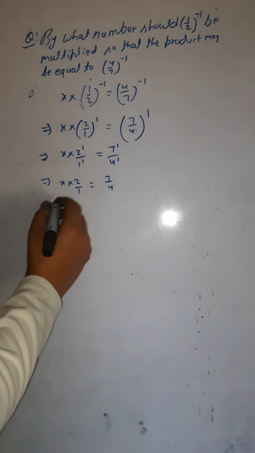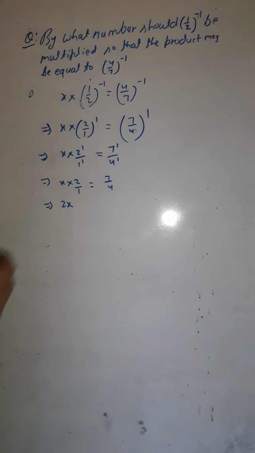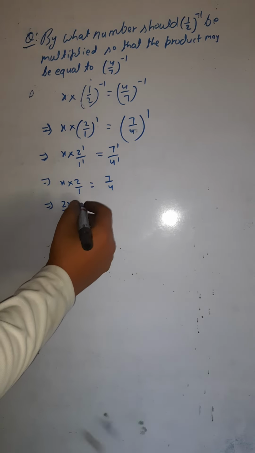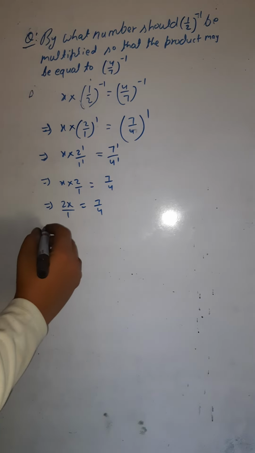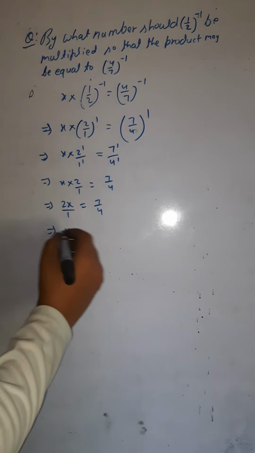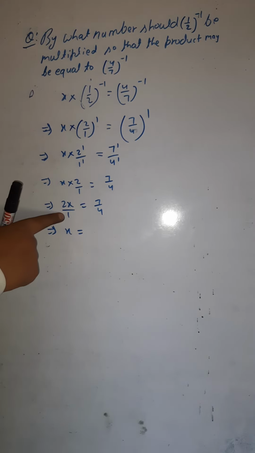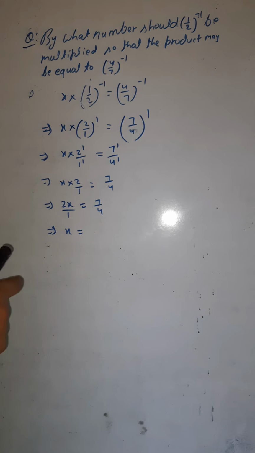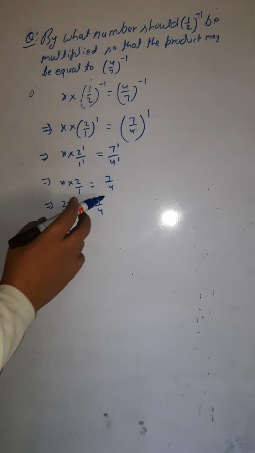Now if you see, x into 2 would be 2x. Downside you have 1, which would be equal to 7 by 4. You need the value of x from here. So you would find out x like this. X would be equal to, this 1 is dividing here, it would multiply there.